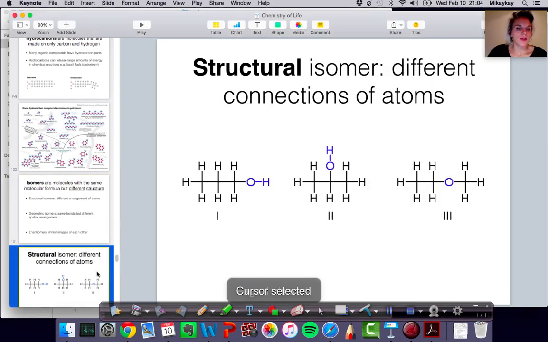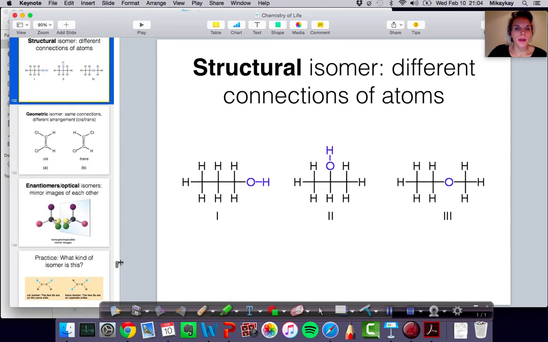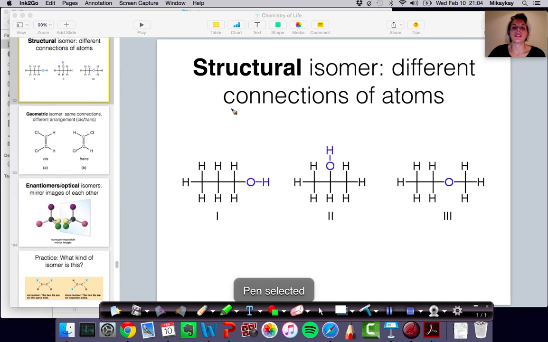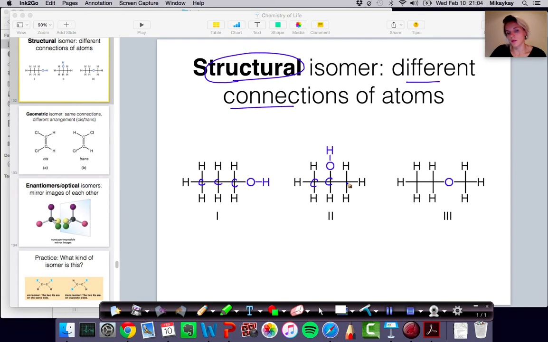So let's look more closely at structural isomers. Structural isomers, like I said before, are isomers that have different connections. Okay, so just remember structural, their structure is different because they have different connections, but they have the same atoms, but they're connected differently, right? So here we have an isomer. Keep in mind that these crosses are each a carbon. It's just a shorthand way of drawing it because we know the carbon is there.